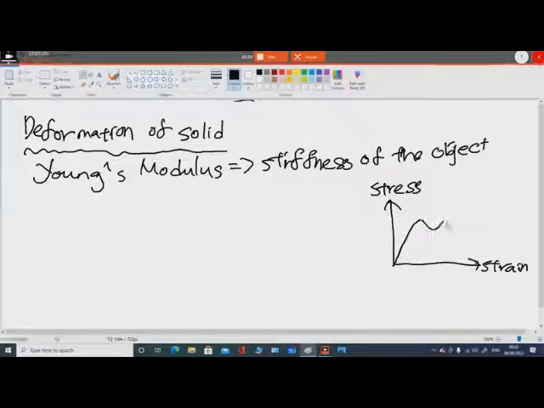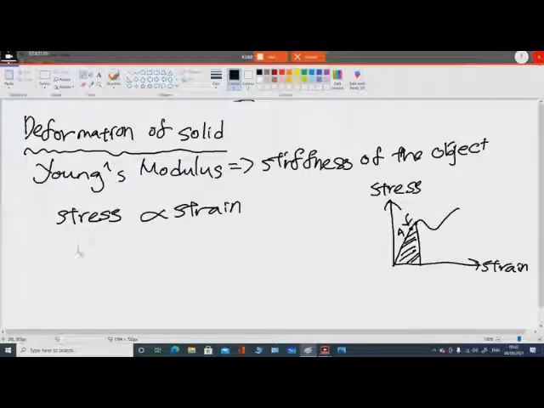So this one is copper, and we know that this is the point before the elastic limit. Not elastic limit, it should be here, the proportional limit. So as we can see, before this point, which is point A, stress is directly proportional to our strain.